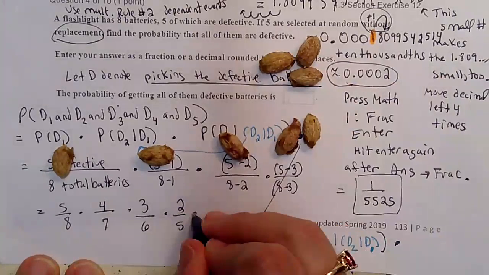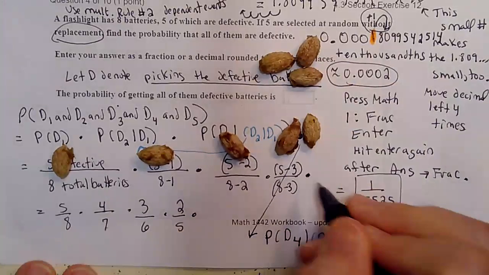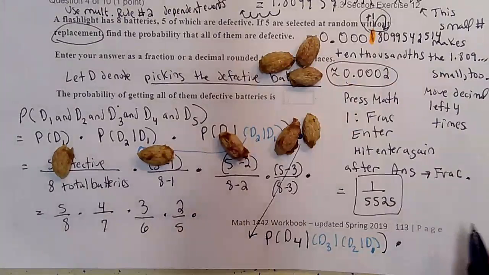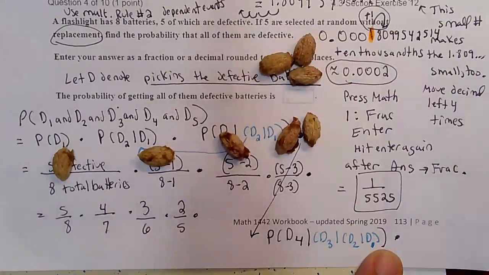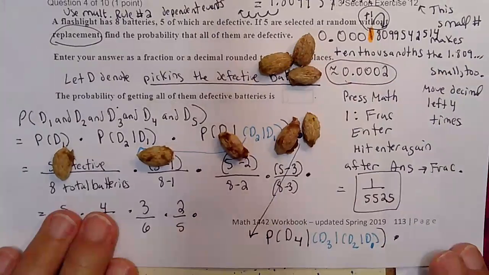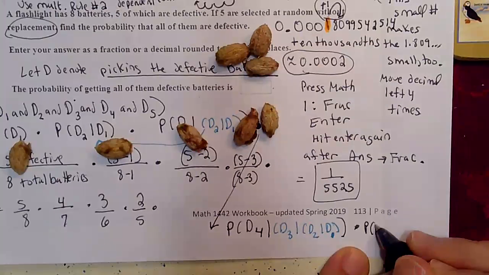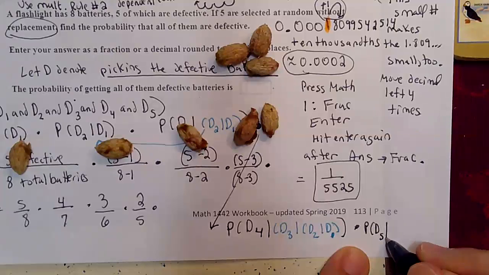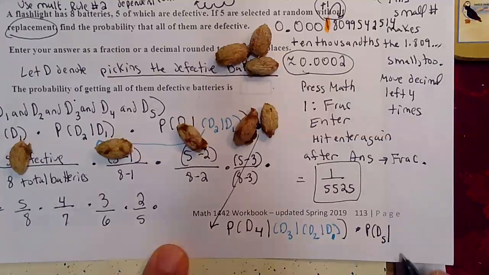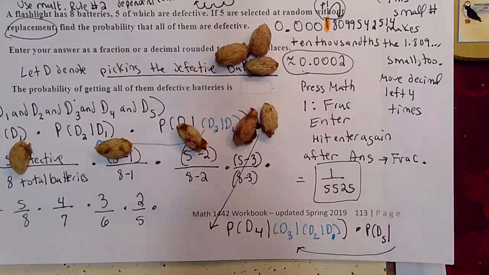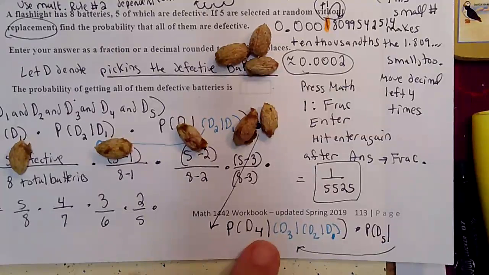So now you got a fifth one. And so now here goes the fifth one. So you have the fifth one being probability of D sub 5, given that the previous has occurred. And then that would be all of this.